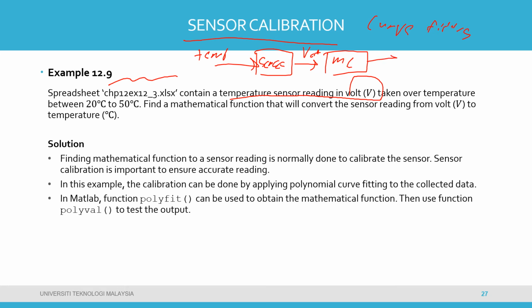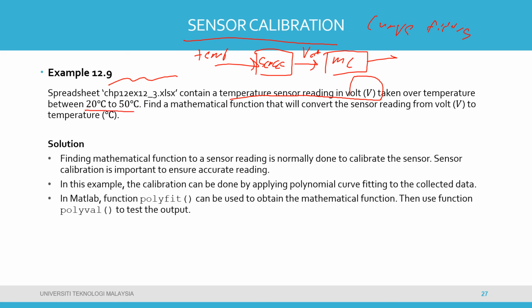Then you can process the data for the response. Basically, an electrical sensor usually converts the measurement to an electrical signal that can be read by the microcontroller. So the temperature sensor reading is in volts, taken for temperatures between these values.